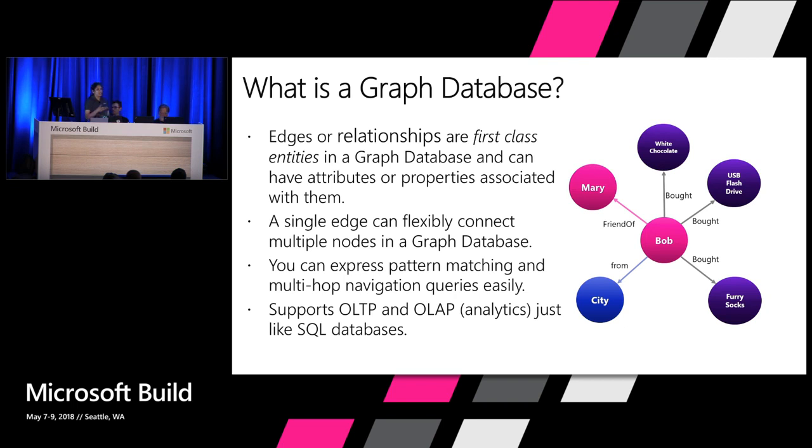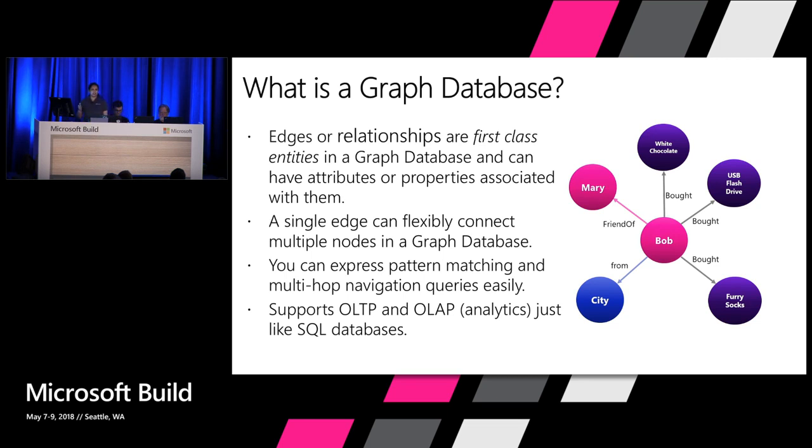Or you can use the same likes edge to connect a person to a restaurant or an organization. So it's heterogeneously connecting different types of nodes to each other. And you can easily model many-to-many relationships using these edges, as opposed to foreign key relationships, which let you model one-to-many relationships in a relational database.